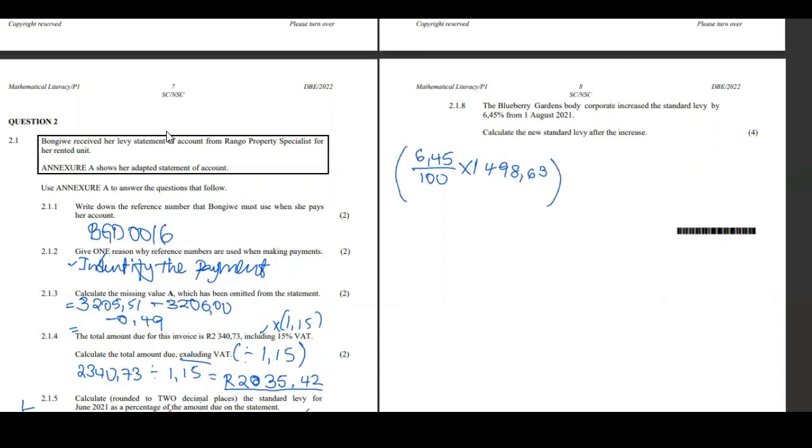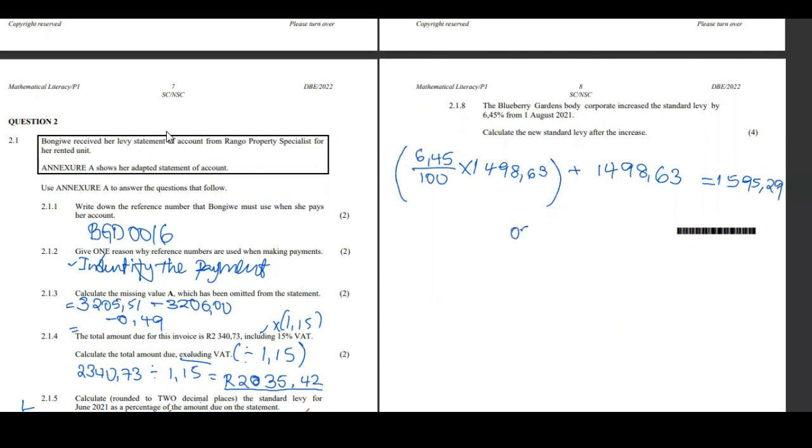I'm looking for this percentage, but because it's an increment, I need to add it to the original amount. This money has to go up. You understand? So here you end up having your answer as 1,595 rands and 29 cents.